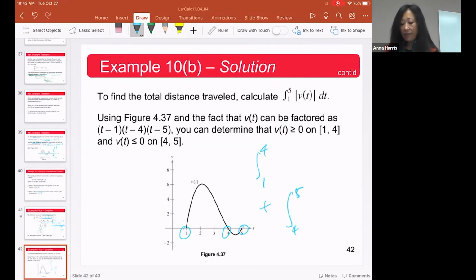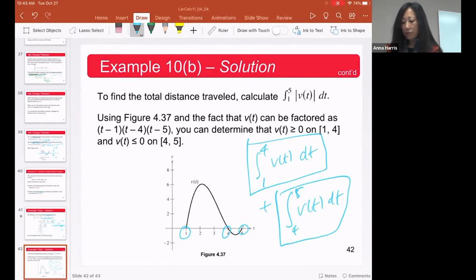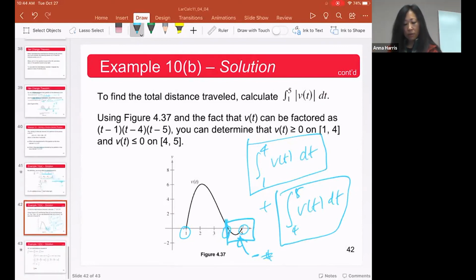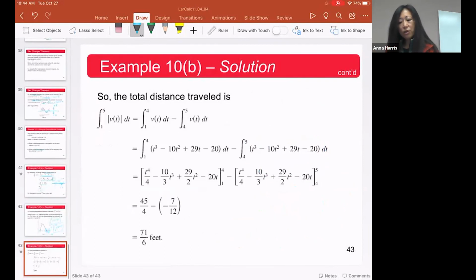So take an antiderivative of that part and then that part. When you get this number which is right here, this number will be negative. But you're going to make it a positive number because you want to add them together. Remember, I'm doing an absolute value.